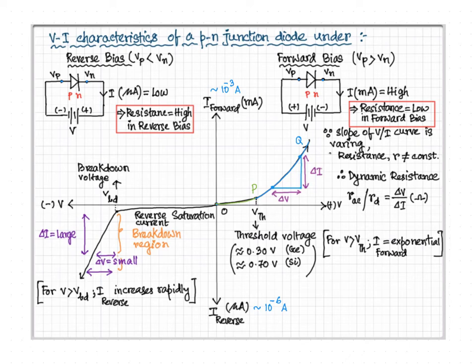As the depletion region increases, there is no substantial current in the circuit, but due to the thermally generated minority charge carriers, we will see a very small current from point O to point R. This is called the reverse saturation current. This happens up to a particular voltage called the breakdown voltage, denoted by VBD.